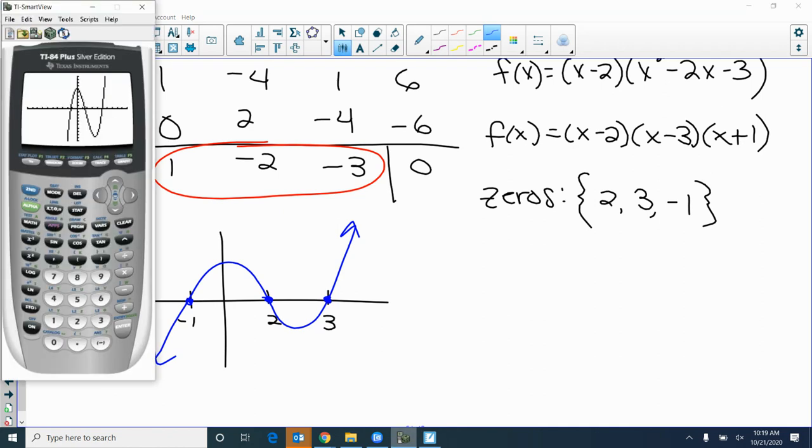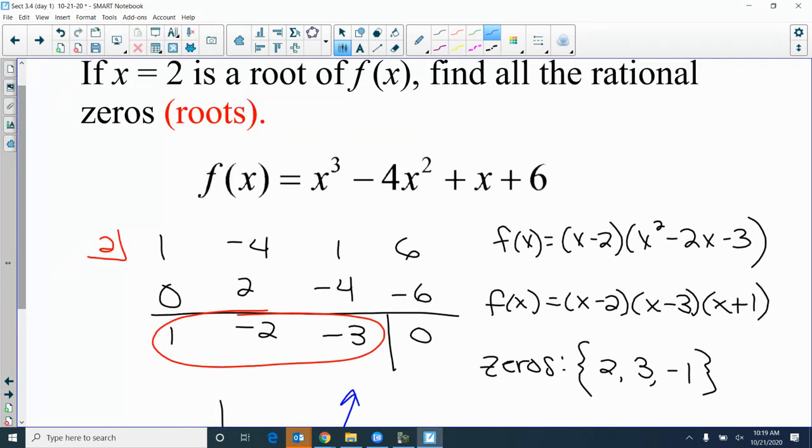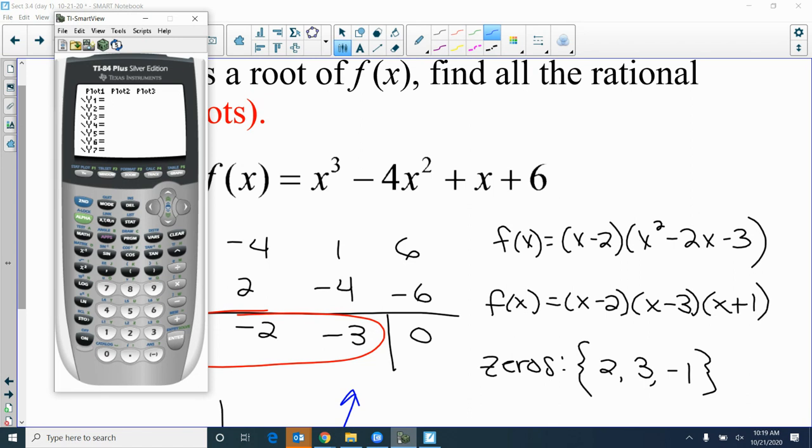All right, now let's go to our calculator. And what do we got? X cubed minus 4x squared. Oh, I didn't put an x in there. So x to the third power. That didn't work.